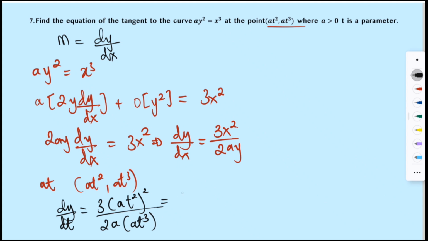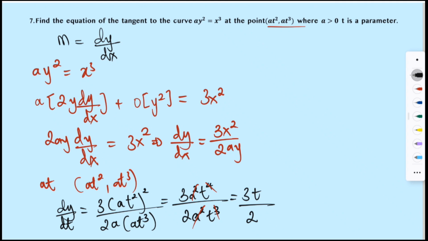At the numerator, we're going to get 3a squared t to the power 4 over 2a squared t cubed. Then we simplify using the law of indices, and we see that a squared cancels out, and then 4 minus 3 is 1, so we take out 3 t's from 4, and we get 3t over 2.